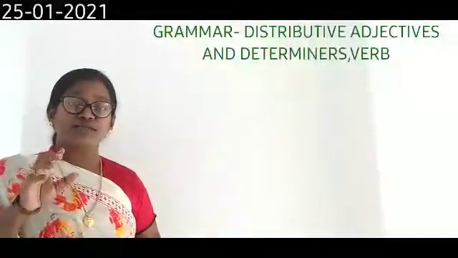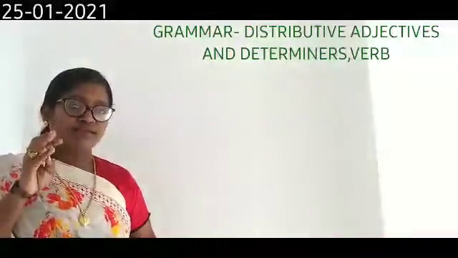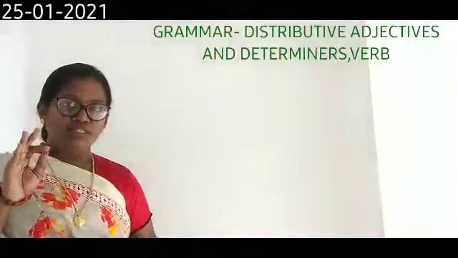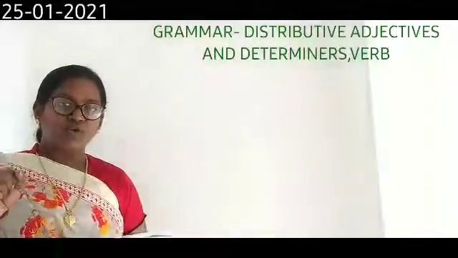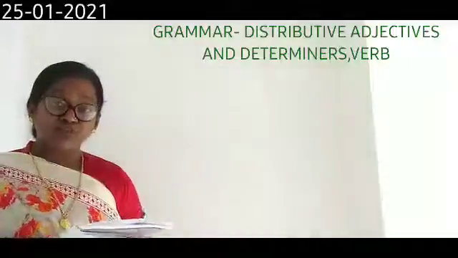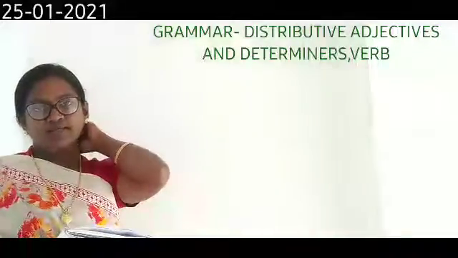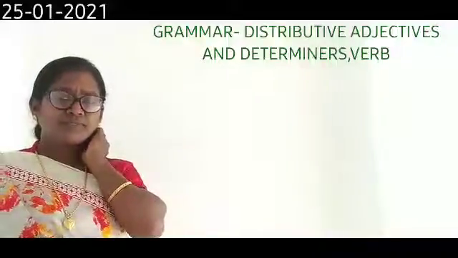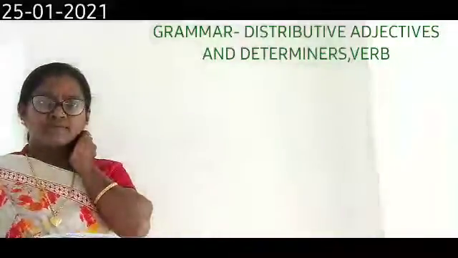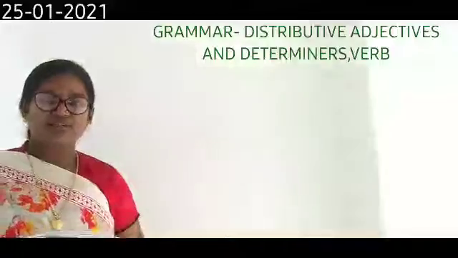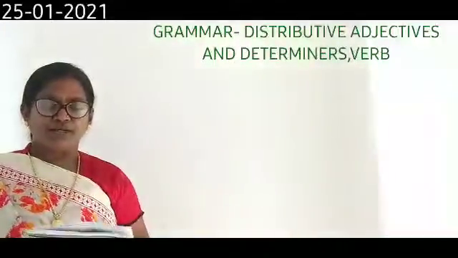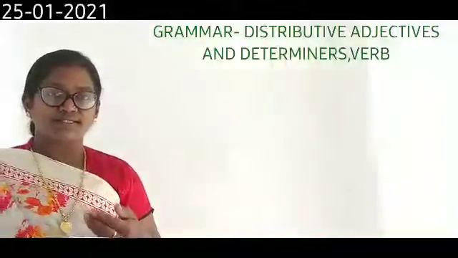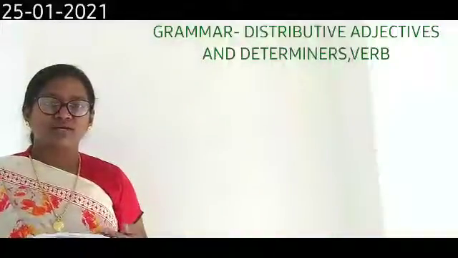These are interrogative adjectives. Qualitative, quantitative, demonstrative, and possessive. Next interrogative. Next distributive: each, either, neither, both, any. Even any is also a distributive adjective. Let's come to articles, as we have studied just now.